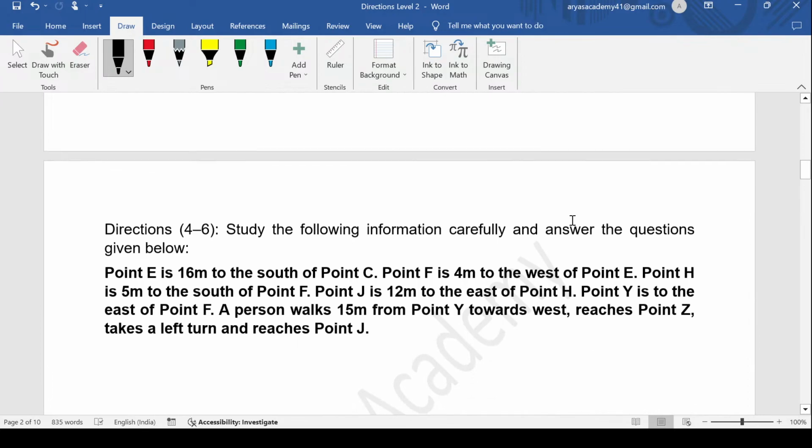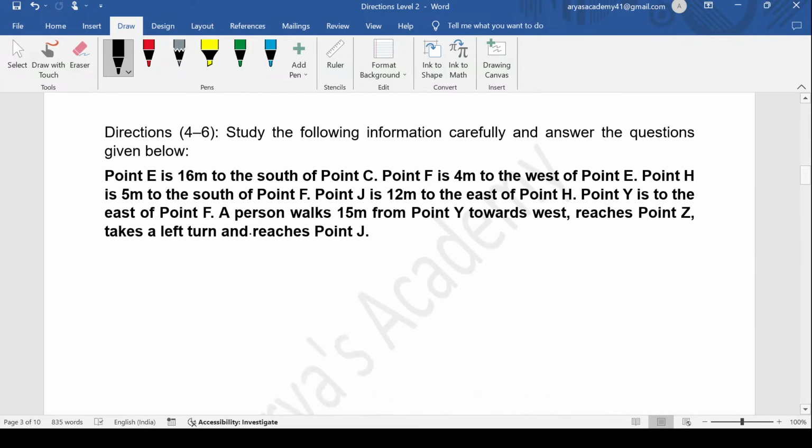Okay, yeah, fine. I am moving to second paragraph, which again carries three questions. Fourth, fifth, and sixth questions are based on this particular information. I'll wait for you to solve these questions and try to answer them. I'll wait for 1 to 2 minutes. You try to at least solve the paragraph.